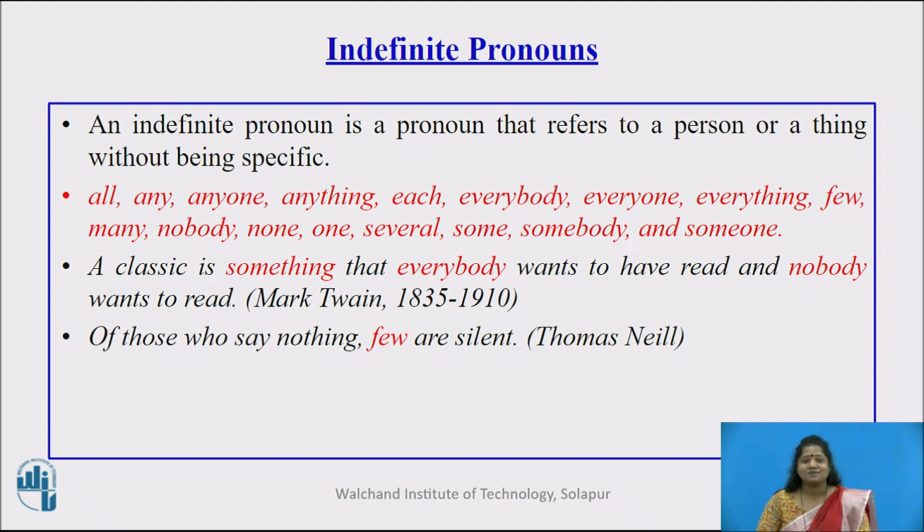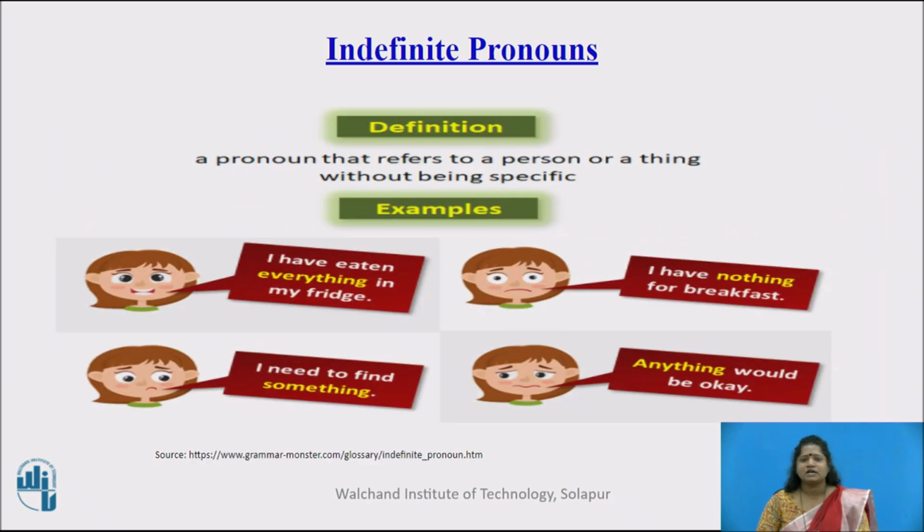Here there are examples from the famous writer Mark Twain. A classic is something that everybody wants to have read and nobody wants to read. In this sentence, something, everybody, and nobody are indefinite pronouns because they are not referring to any specific person. Indefinite pronouns are those which refer to a person or a thing without being specific.